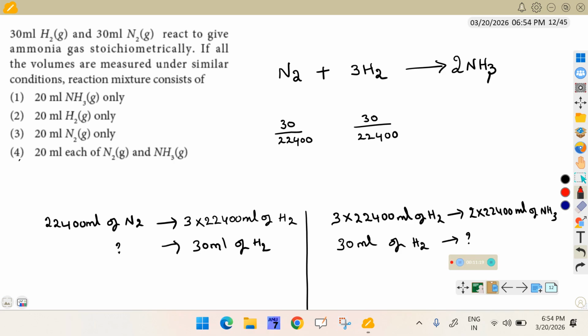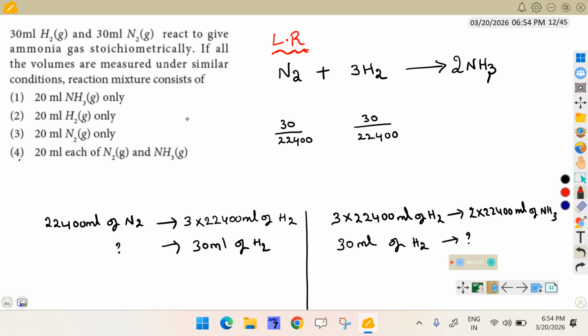30 ml of H2 and 30 ml of N2 react to give ammonia gas stoichiometrically. If all the volumes are measured under similar conditions, the reaction mixture consists of? Last time I already discussed with you, in a chemical reaction if more than one reactant is present, then formation of product depends upon the limiting reagent concept. How to find the limiting reagent? Number of moles divided by stoichiometric coefficients.